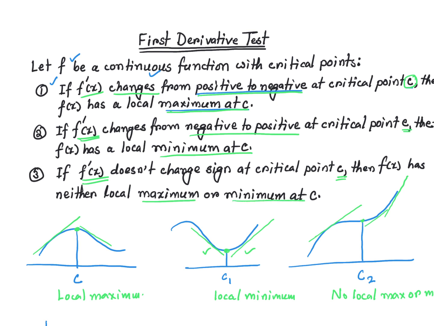This could be positive on the left of the critical point and positive on the right, or negative on the left and negative on the right. In both of these scenarios, you have neither a local maximum nor a local minimum.